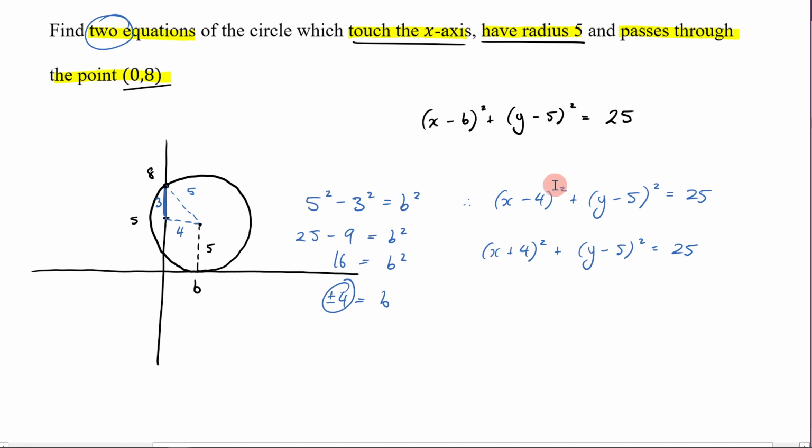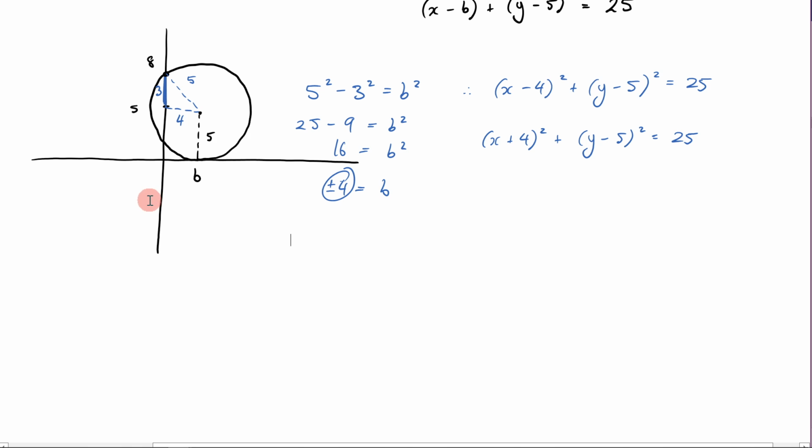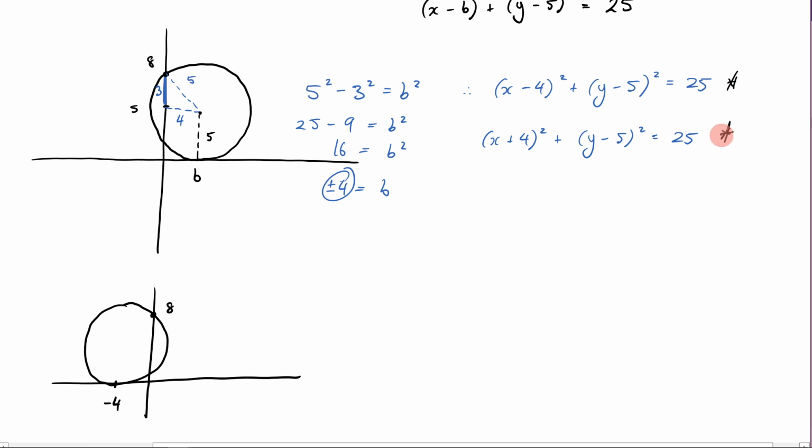The reason you have to include both is because even though we've drawn it like this, it would be just as accurate. With all that information, we could have drawn it so it looked like this instead. Now that is 8, but now we're at minus 4 on the other side. So that's why you have to include both equations.